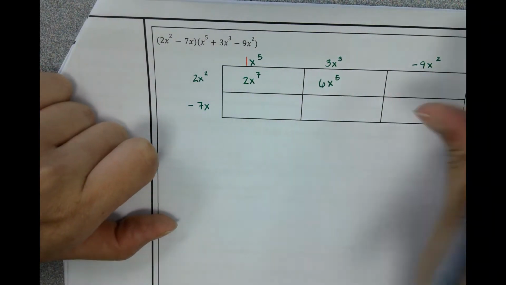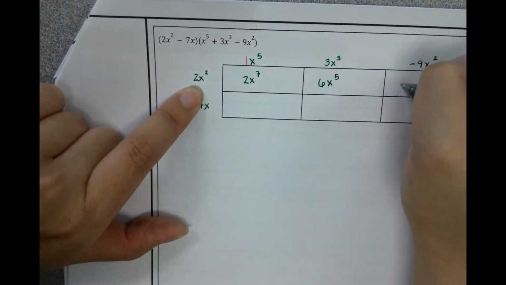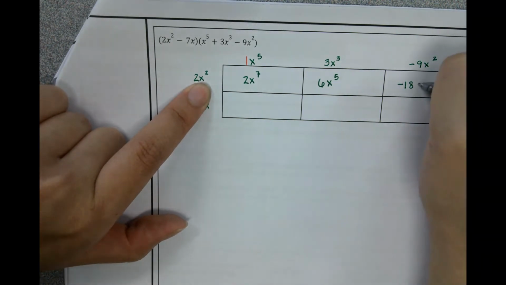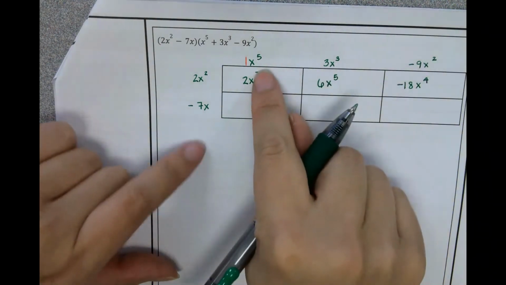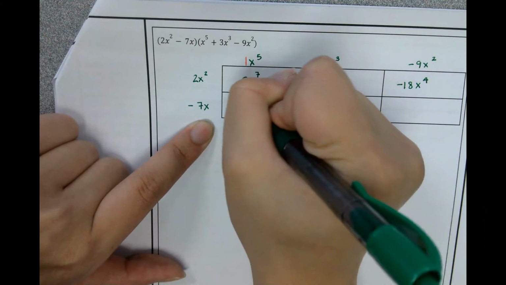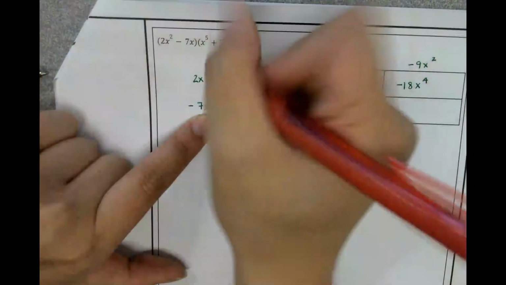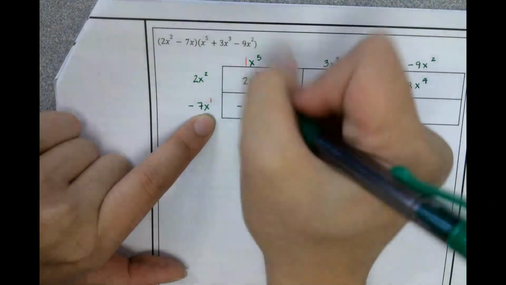Right. Then the last column here. 2 times negative 9 gives me negative 18. X squared times x squared gives me x to the 4th. Okay. And then next row, so negative 7 times 1 is negative 7. X to the power of 1 times x to the 5th gives me x to the 6th.